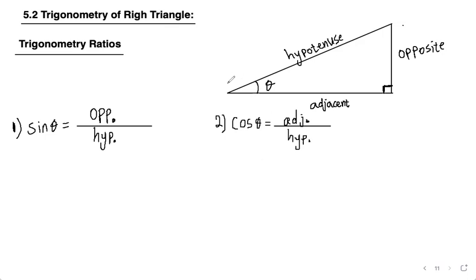Now, what is the tan? Exactly. The tan of the angle is equal to the opposite over adjacent. Exactly, Jennifer. Opposite over adjacent.